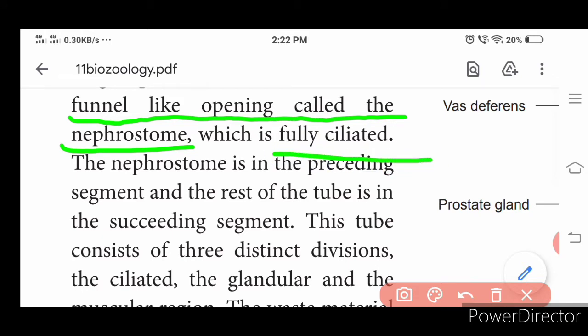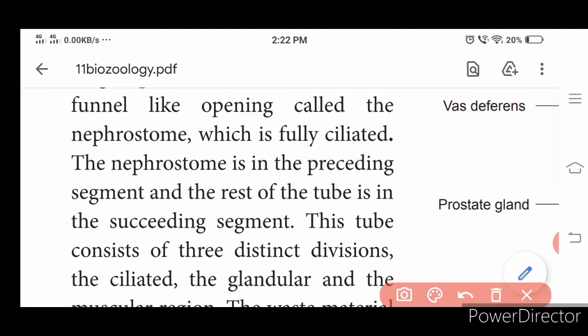What is meant by cilia? Cilia are small hair-like structures. The nephrostome is in the preceding segment and the rest of the tube is in the succeeding segment. So it may start from one segment and move on, folding, into the other segment.